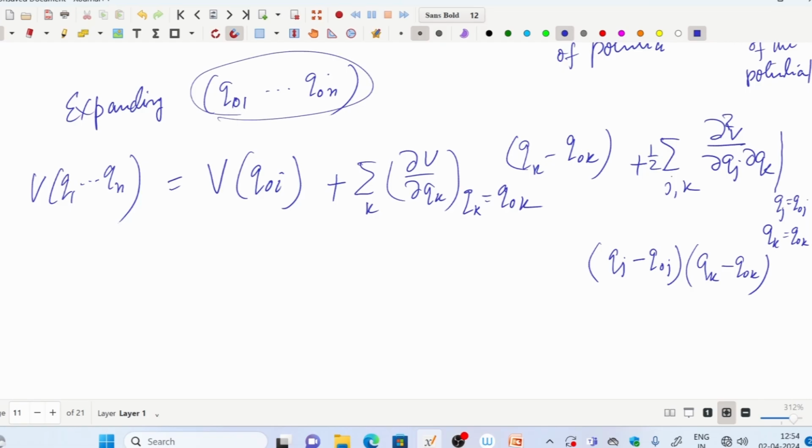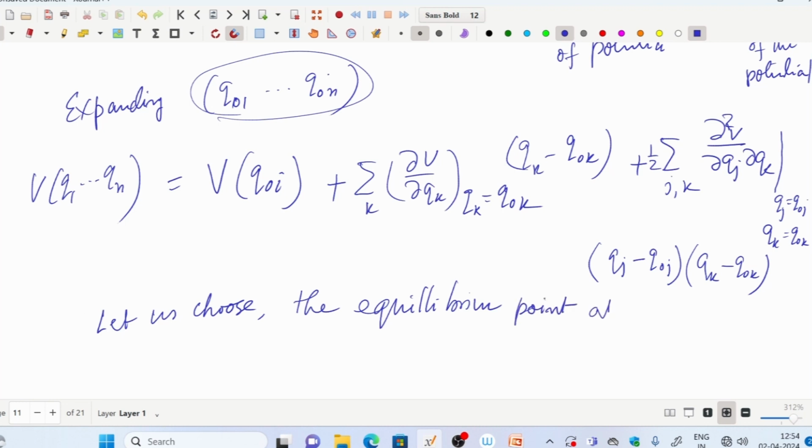So, without any loss of generality, let us choose the equilibrium point at the origin of the configuration space.